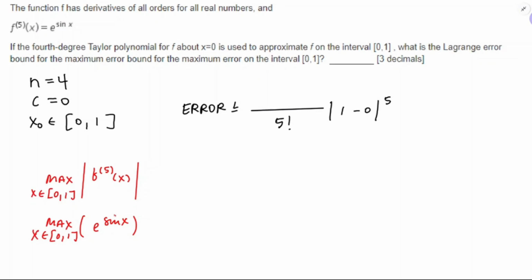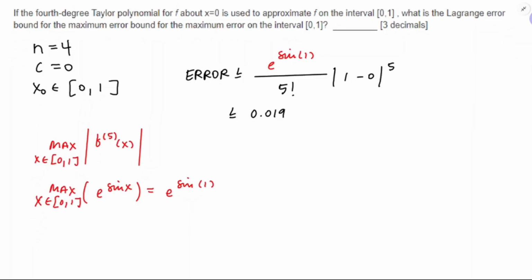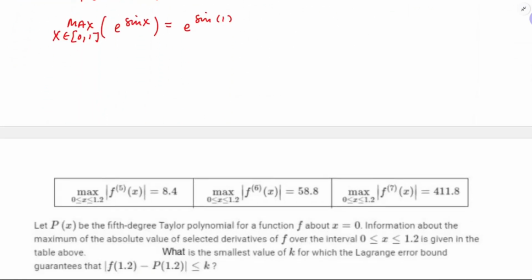But I know that sine of x is an increasing function on the interval 0 to 1 because 1 is less than pi over 2. e to the thing is also an increasing function. And so that would be e to the sine of 1. And so that's what I'm going to plug in here, e to the sine of 1. And then, if we needed to find the value of that, we would get 0.019. So 0.019 would be that Lagrange error bound. So it would be pretty accurate, is what we're saying.